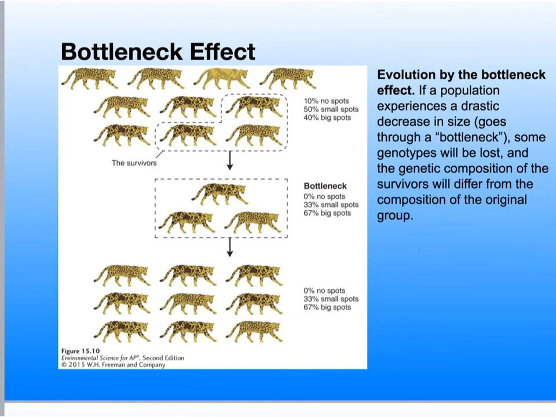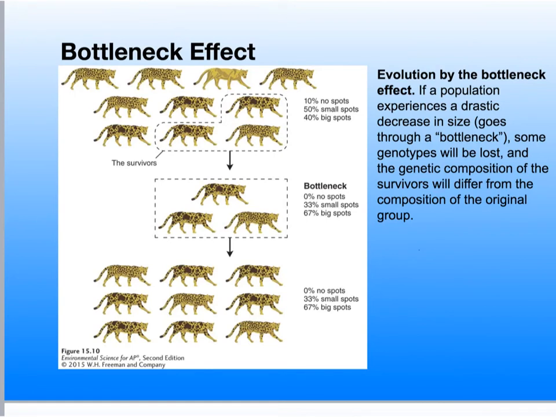So here's some real data on the cheetah population. Back in the day, there were cheetahs with no spots. Some of them had really tiny spots, and then some of them had really big blotchy spots. So when they saw this huge decline in their population, it bottlenecked.